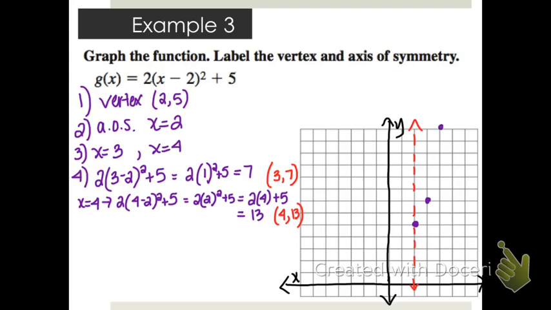Ends up being on the top. Oops. Getting a little crazy with my pen. Okay, so there are my points on the right, and then I need to do my reflection step. So I have a point right there, and right there.